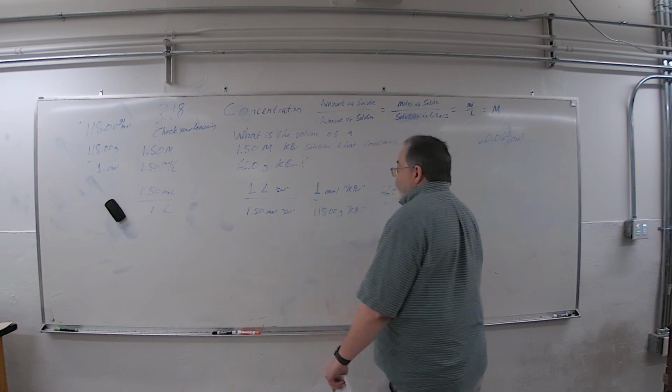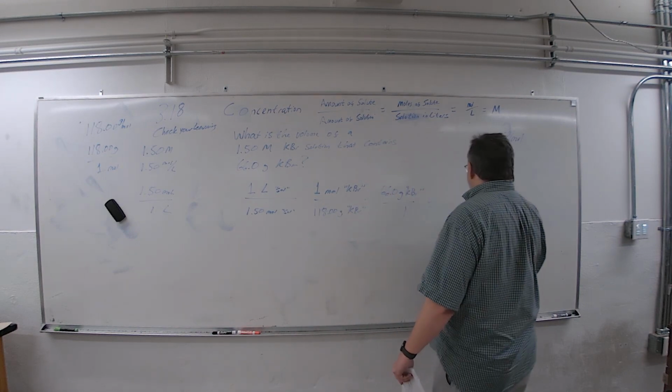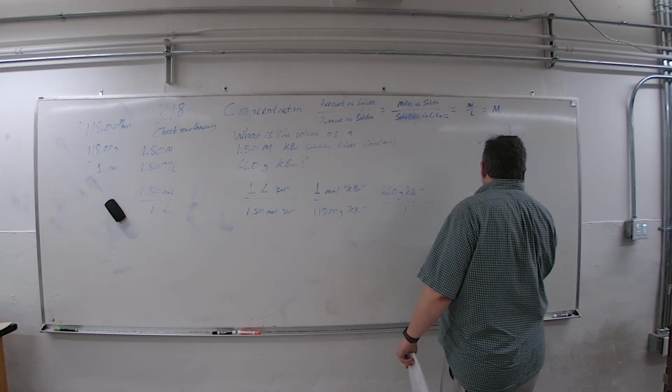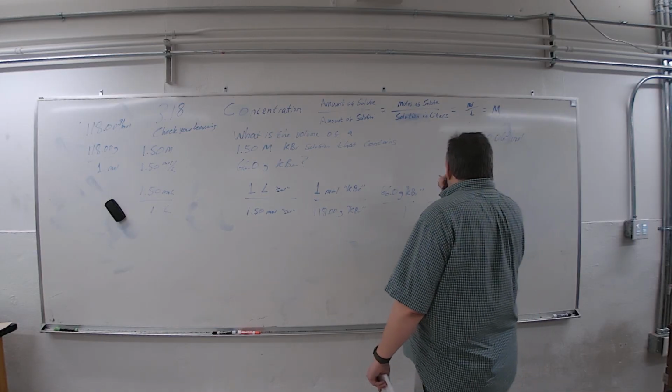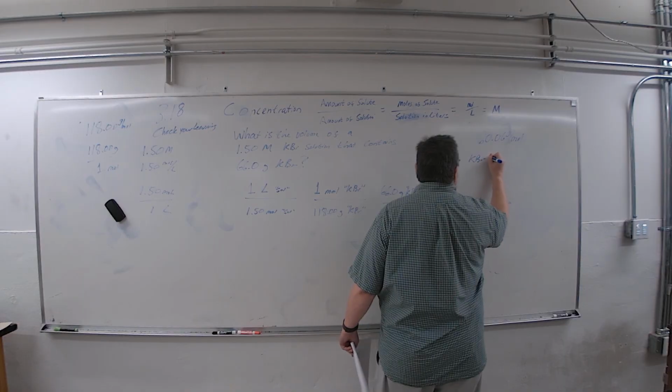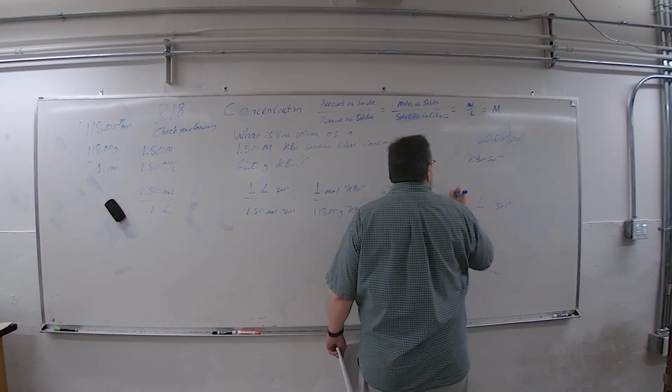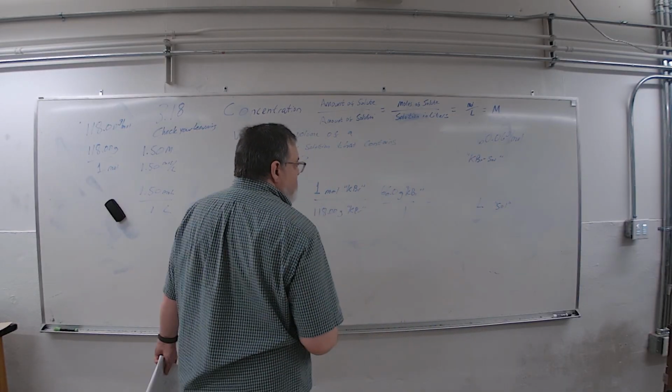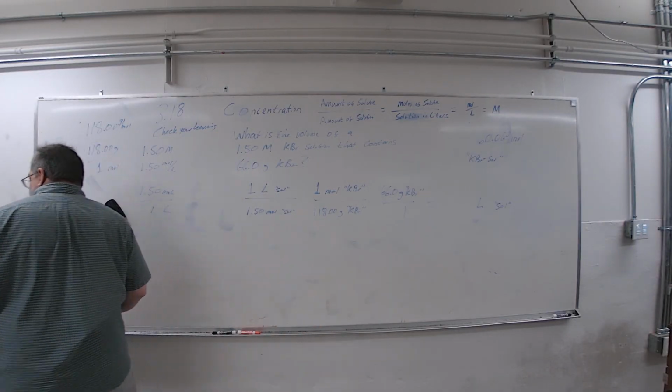And that'll do it. Moles cancel, grams cancel, we end in liters of solution. Probably a more proper label would be more specific, but it's understood what the solution is. I'll just write solution.